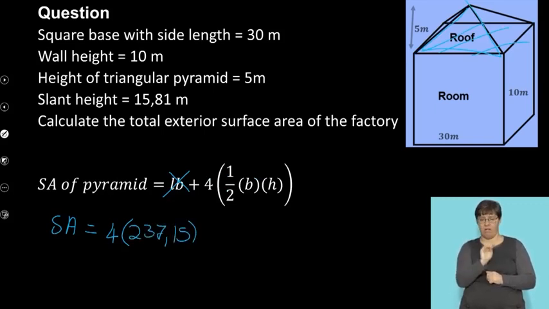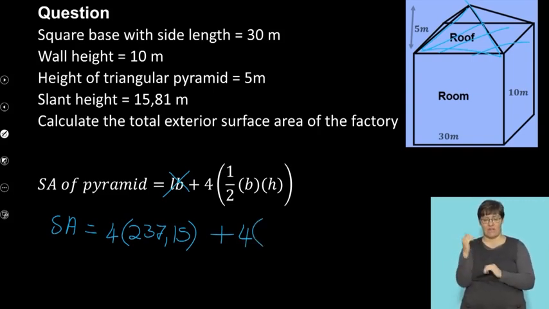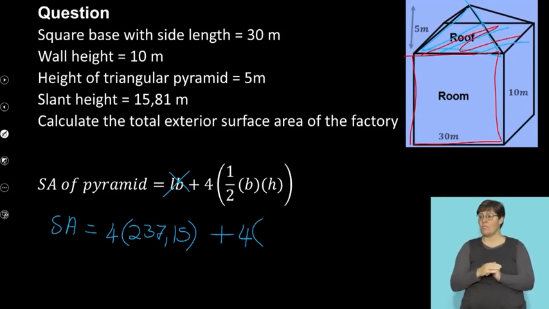Because we know we've got 4 triangles that make up the surface area, and then this is going to be added to 4 of the rectangles that make up the exterior of the factory, because I know that the factory is made up with 4 exterior rectangles, because I'm not including the top because it's open, but also the surface area is not including the floor.